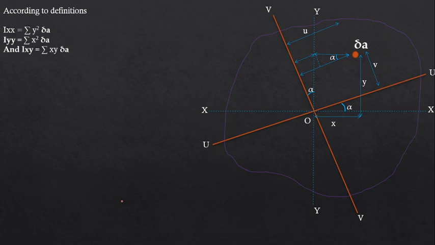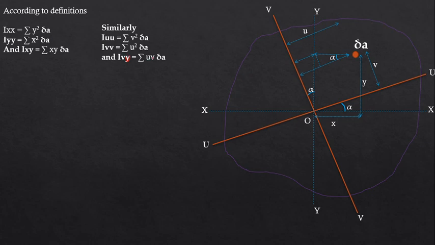According to the definition, Ixx will be equal to the summation of y square dot del A, Iyy equal to the summation of x square dot del A, and Ixy equal to the summation of x dot y dot del A. Similarly for IUU, IVV and IVU.